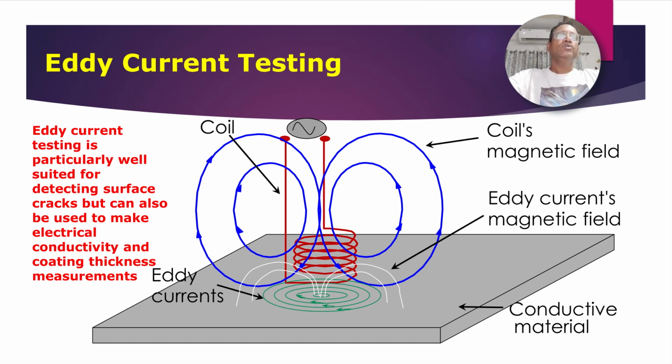It is most popular for thin tubing and particularly well suited for detecting surface cracks, but it can also be used to measure electrical conductivity and coating thickness. So eddy current is widely used now for identifying defects in lower diameter and lower thickness tubing, particularly in power generation plants or the heat exchanger industry.